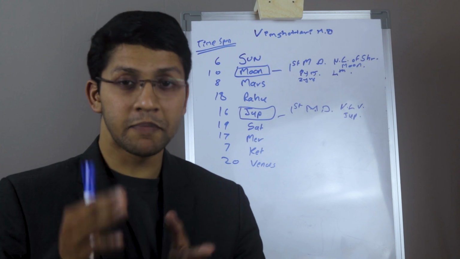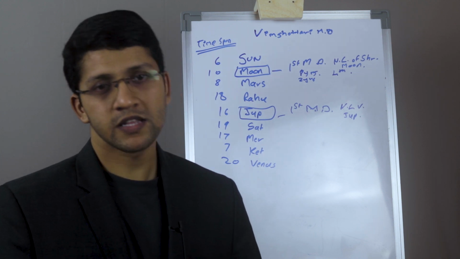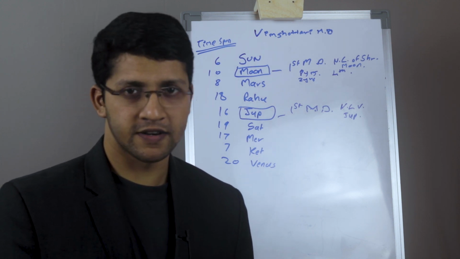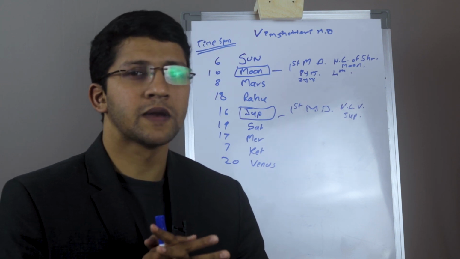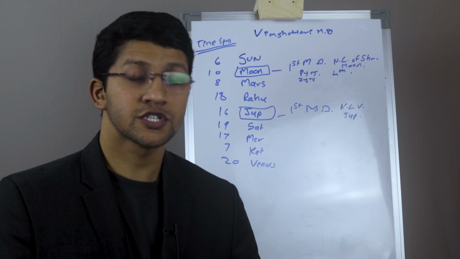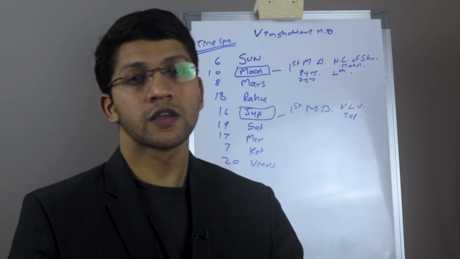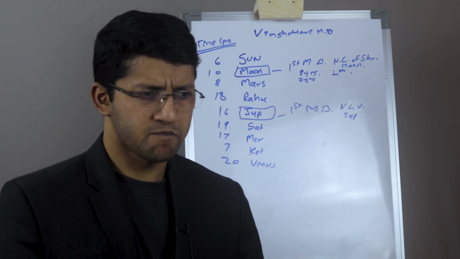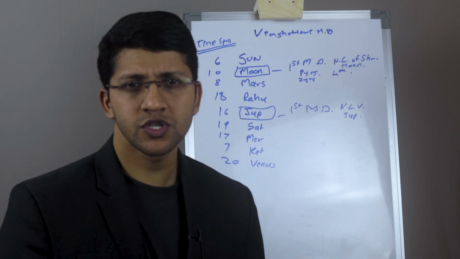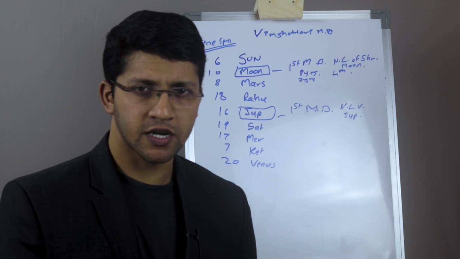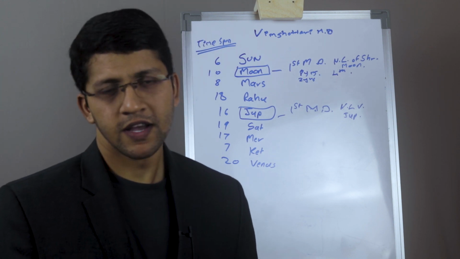When it comes to the application part of it, vimshottari Mahadashas are very complex and difficult, because if there is a conjunction of two planets, let's say a conjunction of Mercury and Mars, and you are running through the Mars Mahadasha, which will be the better Mahadasha, Mars or Mercury?